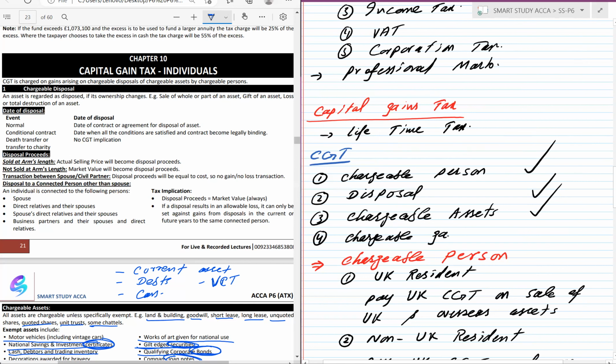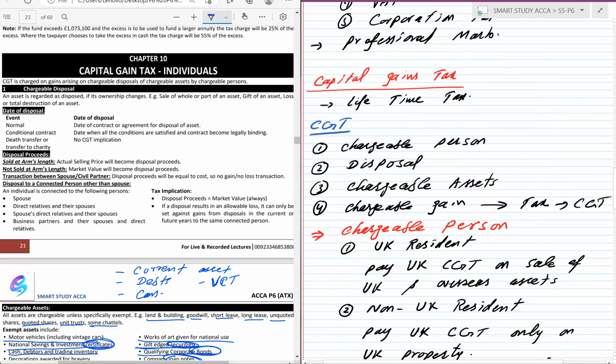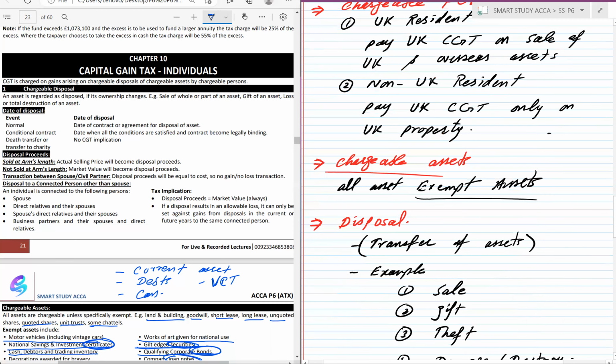We calculate chargeable gain in the fourth step, and on this gain we calculate tax, which is called capital gains tax. Now let's discuss our next step, that is chargeable gain.